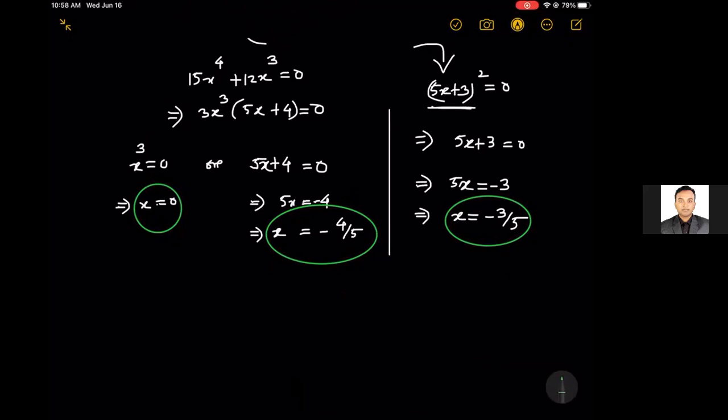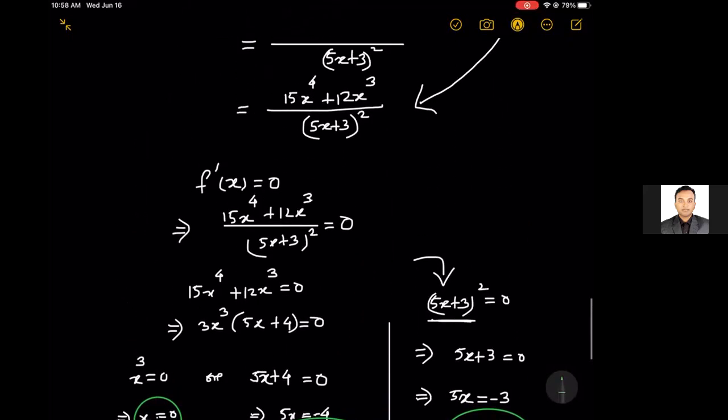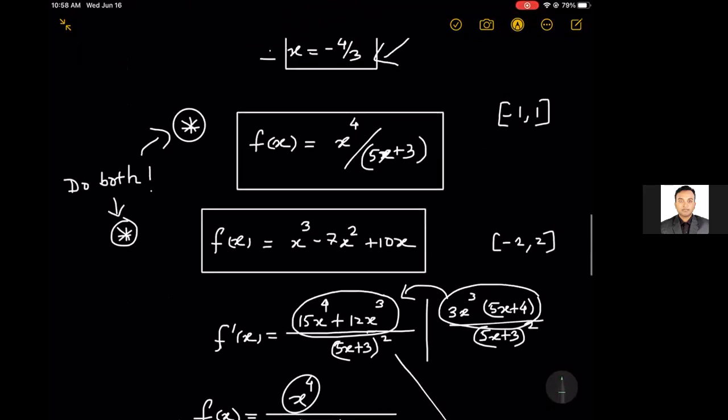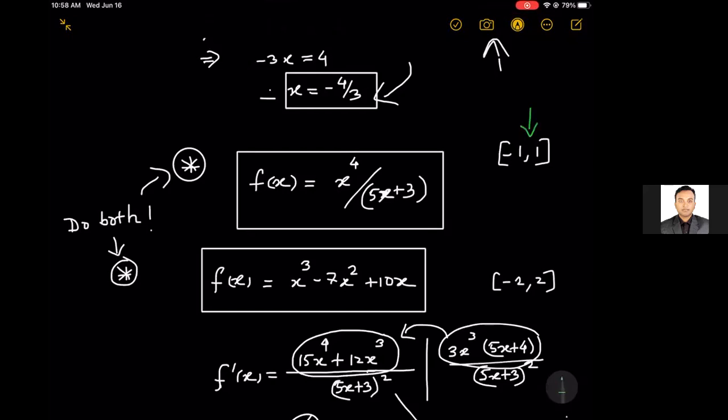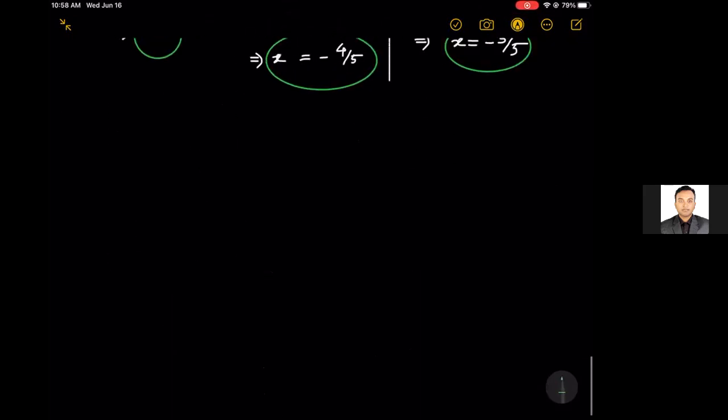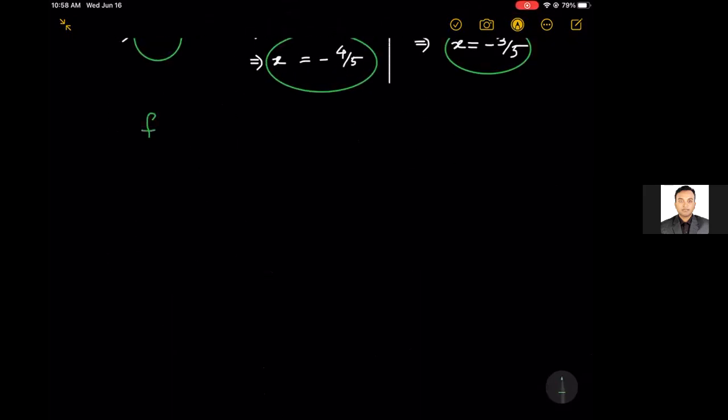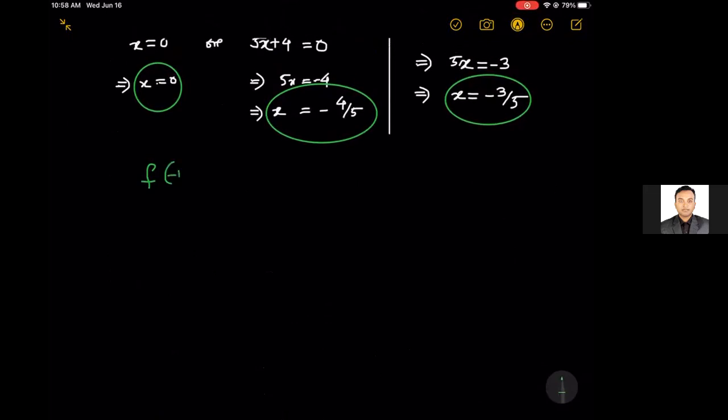And now to find the maximum and minimum value, you just need to pick up this interval and find the values there. So find f of -1, f of -4/5, excuse me, f of -3/5, f of 0, and f of 1.